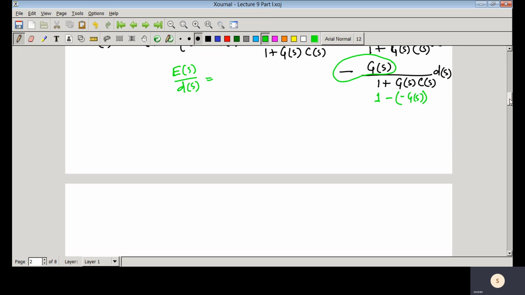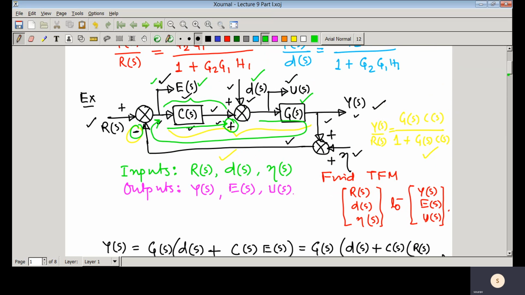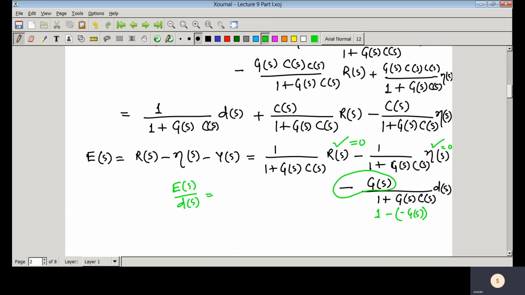The feedback path transfer function is CS, so that is into CS. So basically you will have minus GS by 1 plus GS CS.